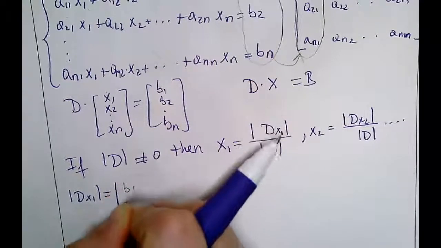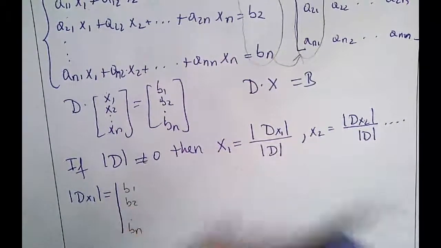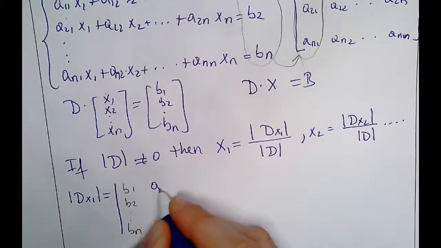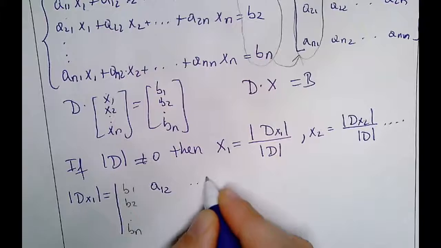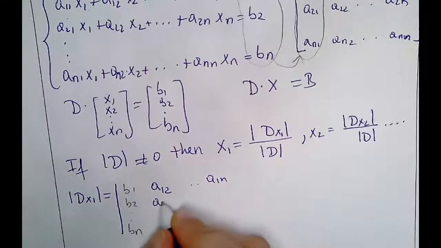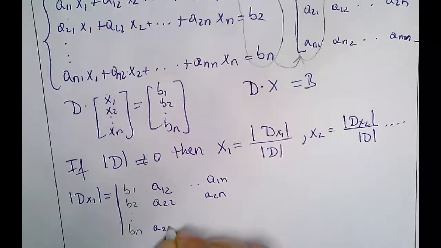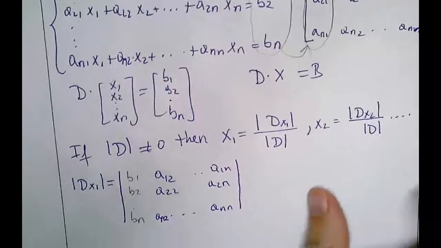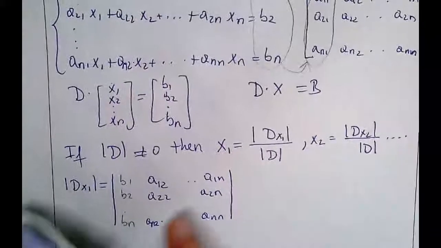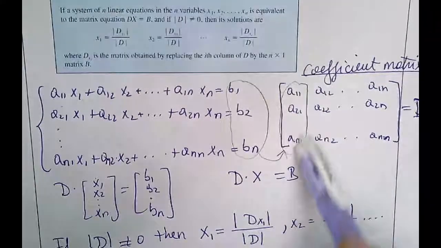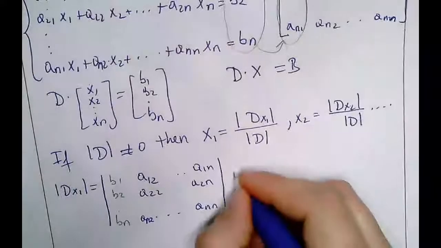It's going to have b1, b2, bn, and then the other coefficients stay the same: a12, a1n, a22, a2n, and so on down to ann. So Dx1 is the same as the coefficient matrix, but instead of column 1, you have the constant terms. So what's going to be Dx2?